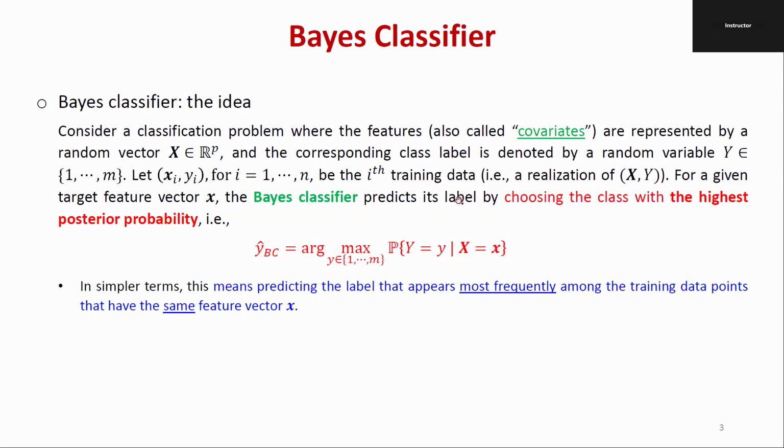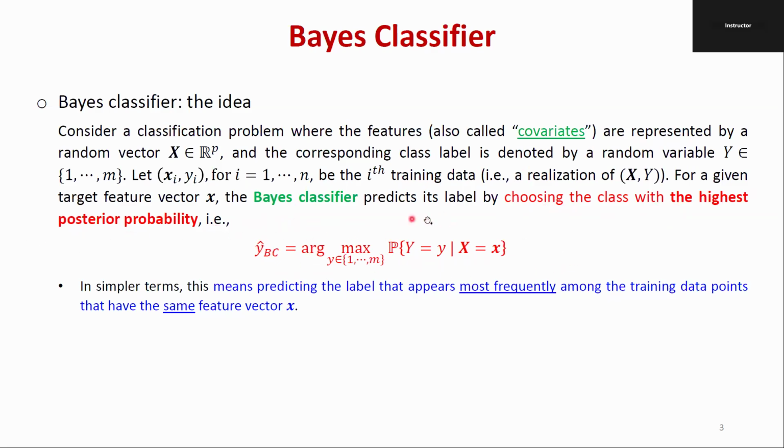For example, x can be some pattern of the stock chart, or it can be an image. I've already observed this image. Question: what is the label? The label in the stock market can be, for example, decreasing, increasing, or nothing happens. For a picture, the label can be a cat or a dog, an identification of the object. Then we choose the class with the highest posterior probability.